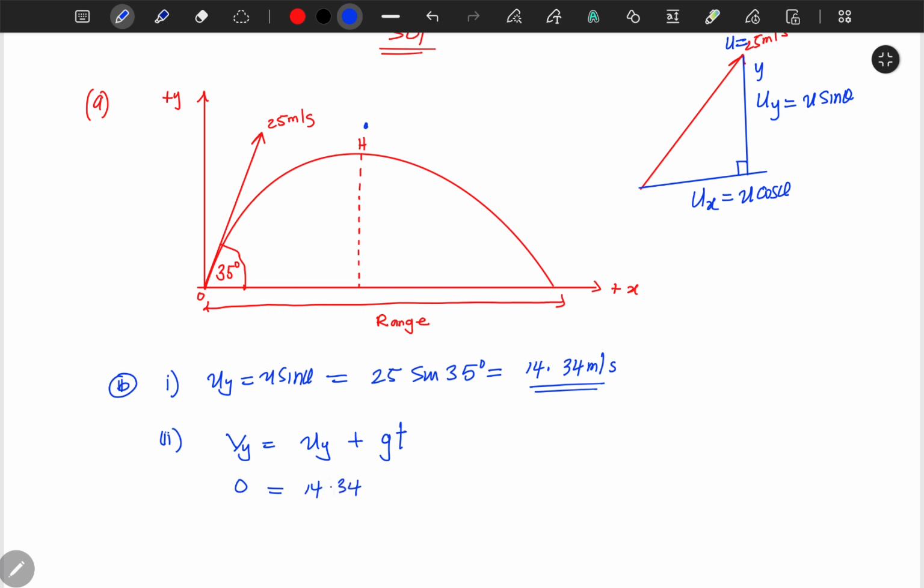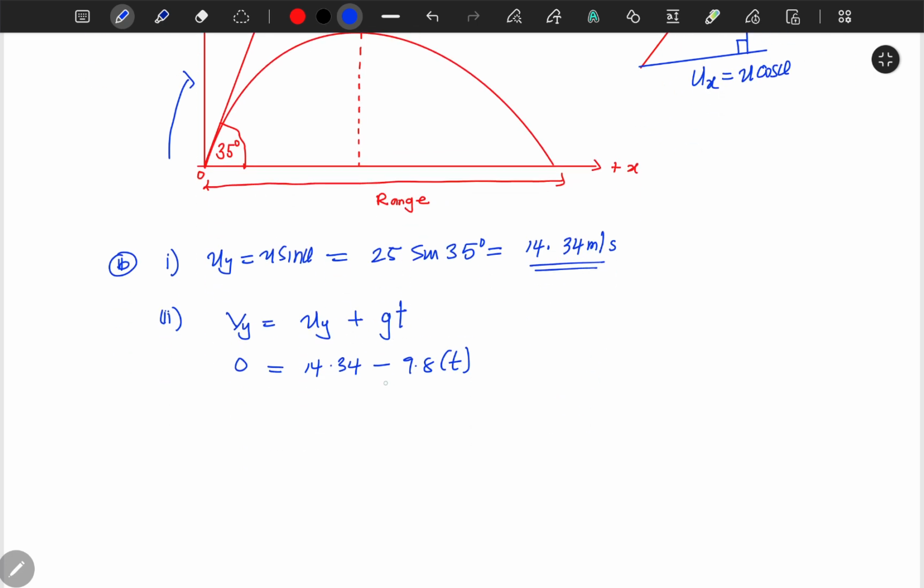Now, remember, it's going up, which is against gravity, so this will be minus 9.8, times t. So t is 14.34 divided by 9.8. What are you getting as t? I'm getting 1.463 seconds. Are we done?